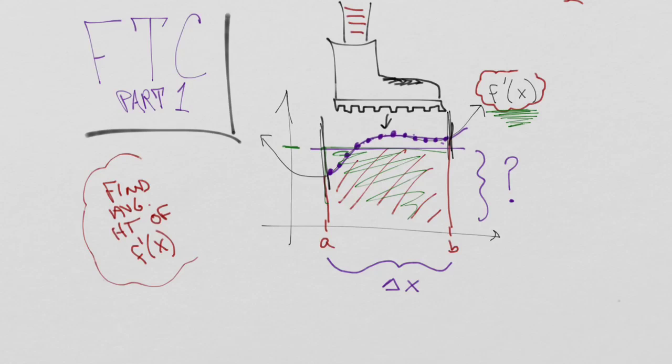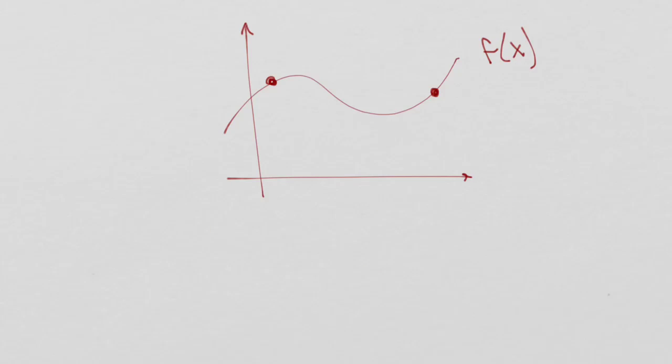So I want to find the average height of f prime of x. What I'm asking then for is an average slope, right? Or an average rate of change. And we already know how to find an average rate of change. An average rate of change between 2 points is easy to calculate. If I'm looking at the function f of x, I can find the average slope by calculating the slope between the 2 points that I'm interested in.